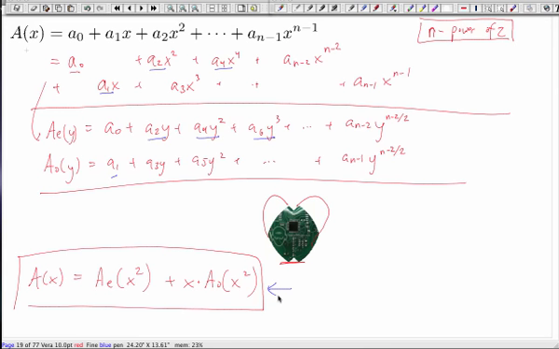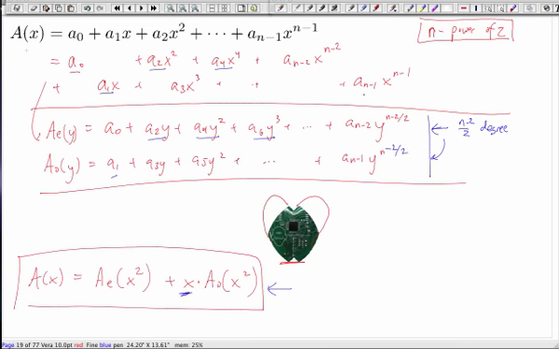Okay. So now I want to make an observation. What is the degree of A odd, of A even? Yes, both of these are degree n minus 2 over 2. So I started with a polynomial of degree n minus 1, and I ended up with two polynomials of degree n minus 2 over 2. Question in the back? No, because we're actually going to get the extra x right here.